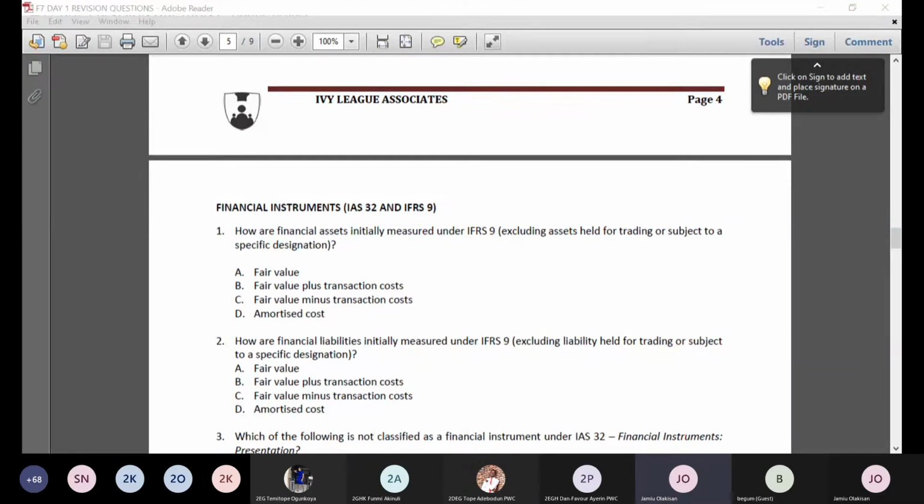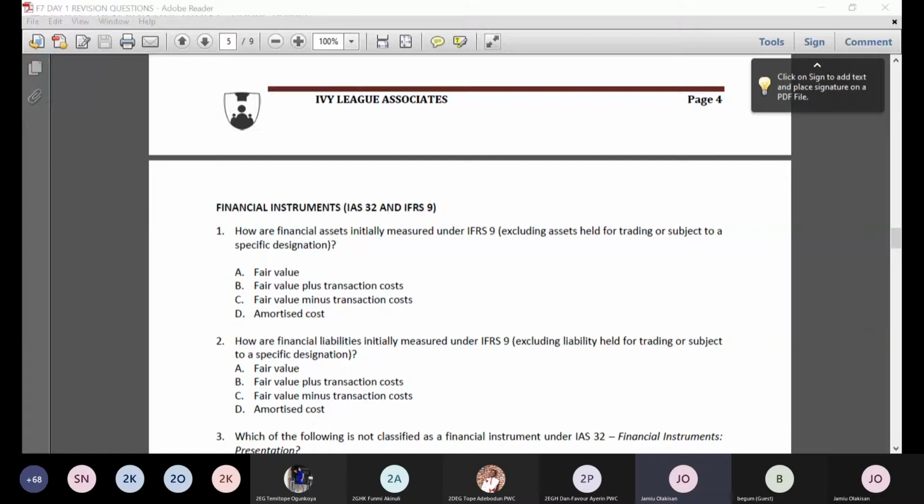If you issue an instrument and you have the obligation to pay cash, or transfer another financial asset to another entity, then it is a financial liability. When you do not have such obligation, then it is an equity instrument.